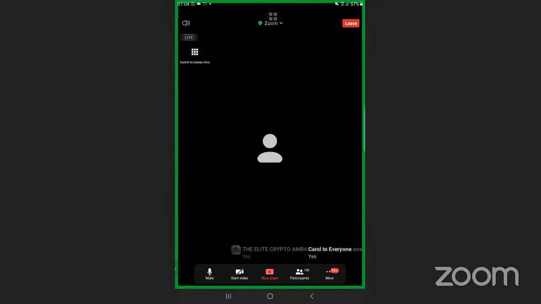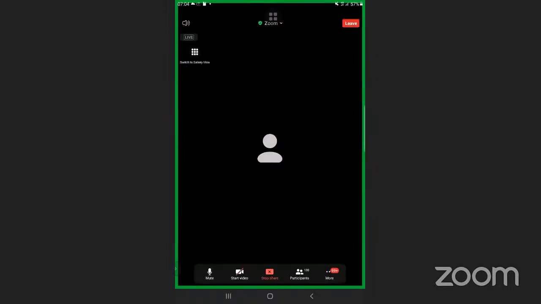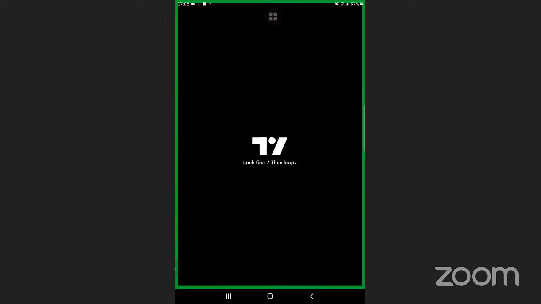I thought I had. Let's proceed. I was trying to connect my other gadget because I saw that this other gadget is low on battery. So let's proceed if that is the case.